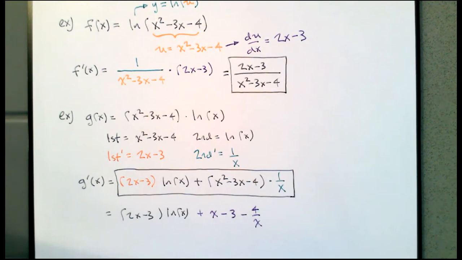I'm not even sure what Wolfram Alpha would tell you the derivative of this function is. What do we have? x squared minus 3x minus 4 times natural log of x.